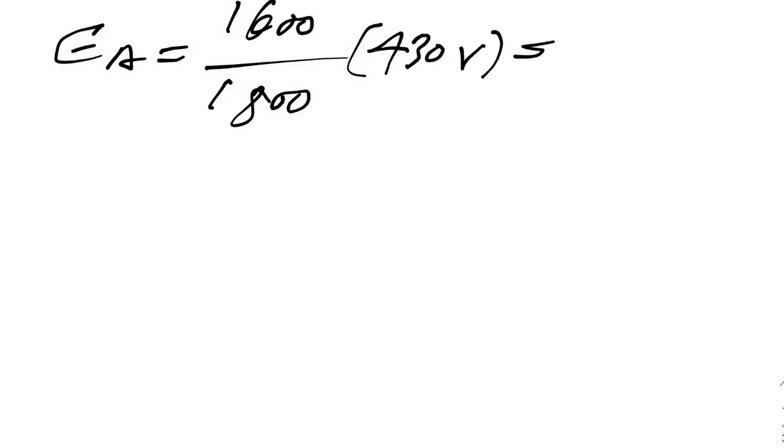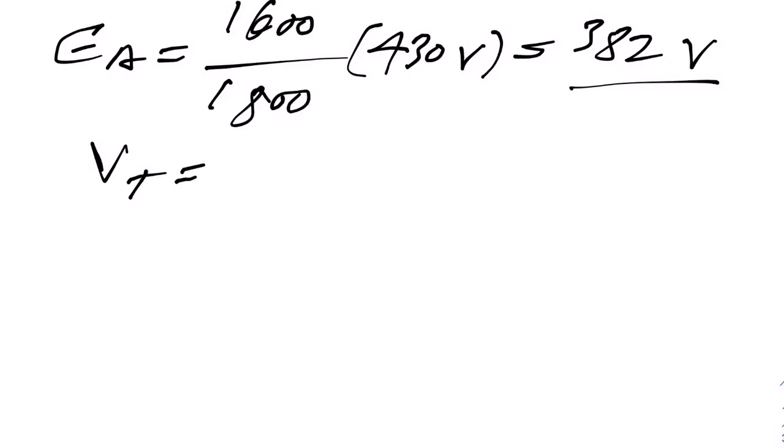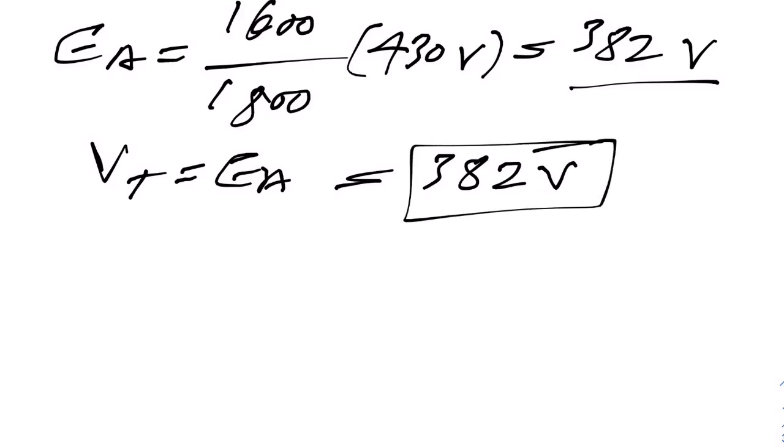So the answer will be 382 volt. Since VT equals EA at no load conditions, the output voltage of the generator, VT, will be equal to 382 volt. So this is the answer for part A.